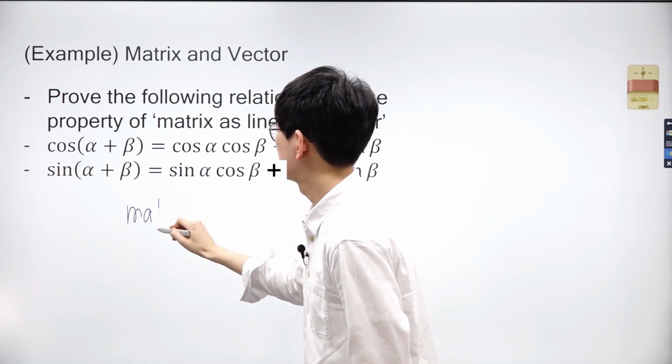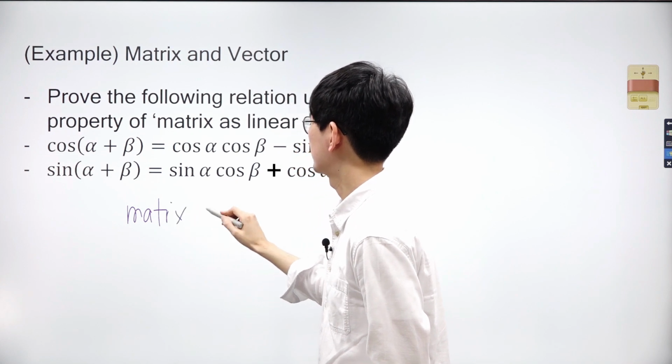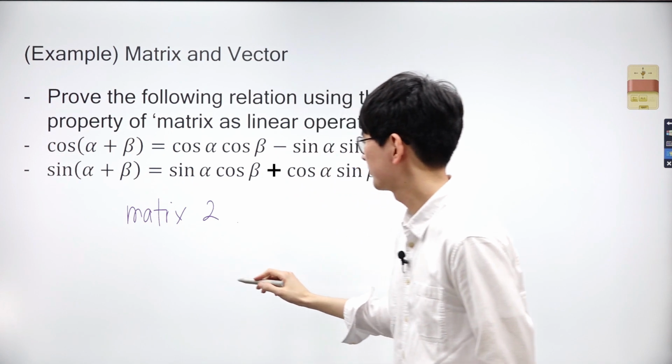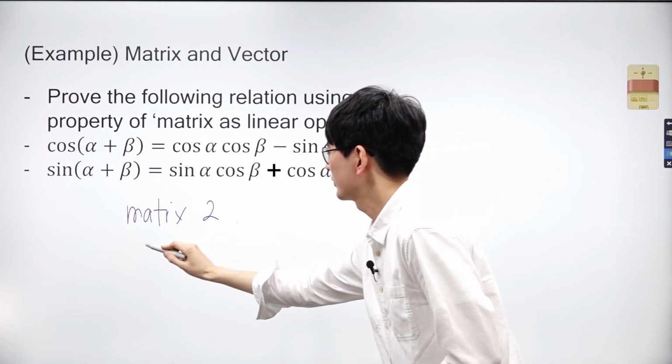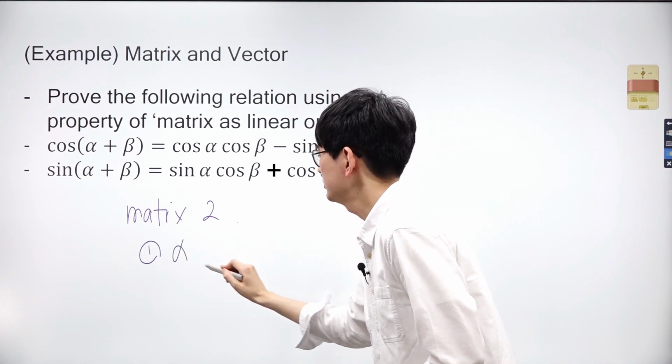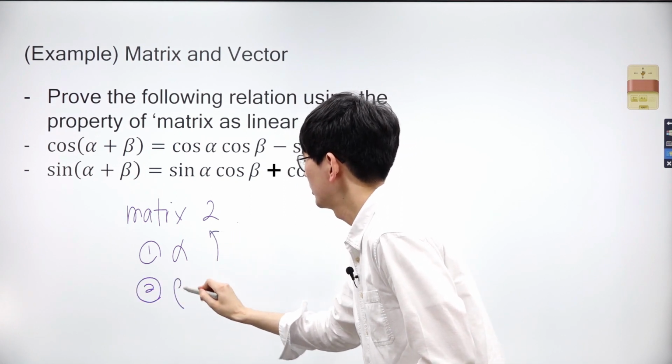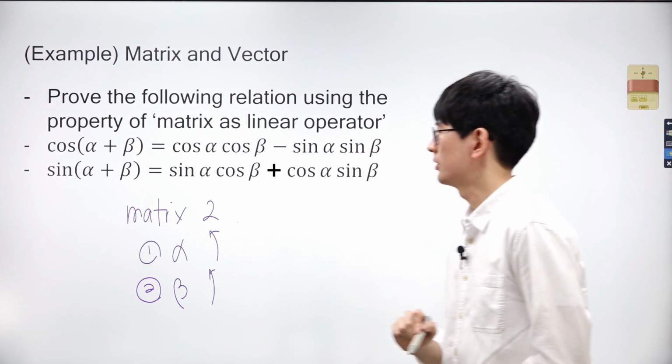To begin, let's define two matrices. The first matrix rotates the coordinate space by alpha degrees. And the second matrix rotates the space by beta degrees.